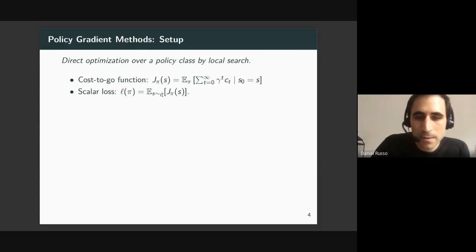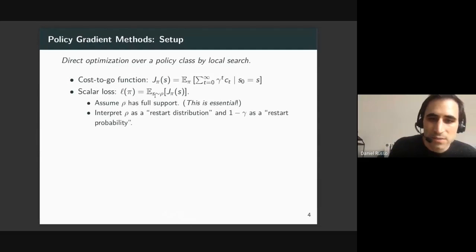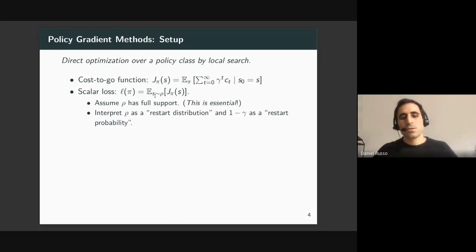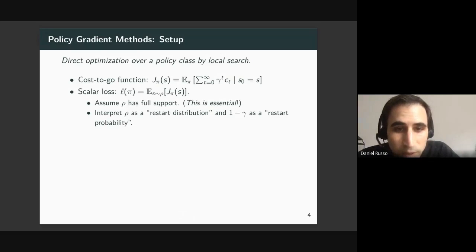Clearly, having an optimal policy in the classic sense from every initial state would minimize L. But in fact, the other direction holds as well, assuming that rho has full support over the state space. So in everything that follows, an important caveat is that we will be assuming rho is supported on every initial state.